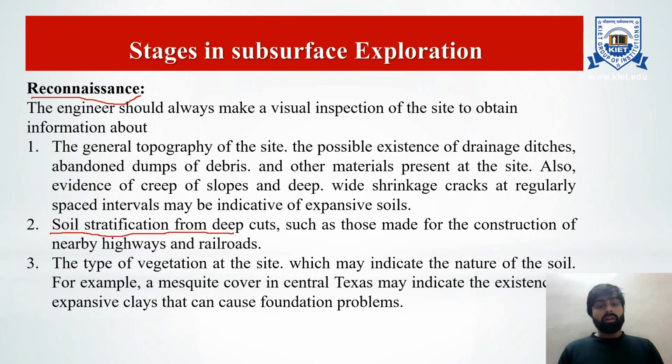For example, mesquite cover in central Texas may indicate the existence of expansive clay that can cause foundation problems. If there is an expansive soil, we have to treat that soil by some ground improvement techniques, else it may be problematic.